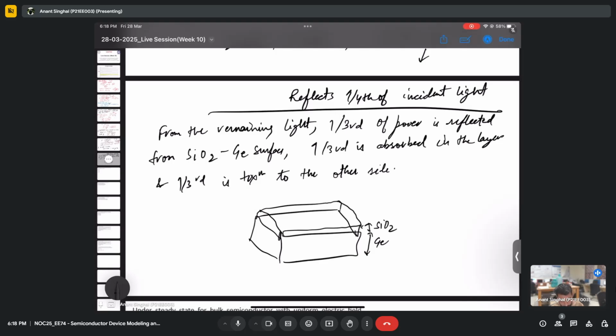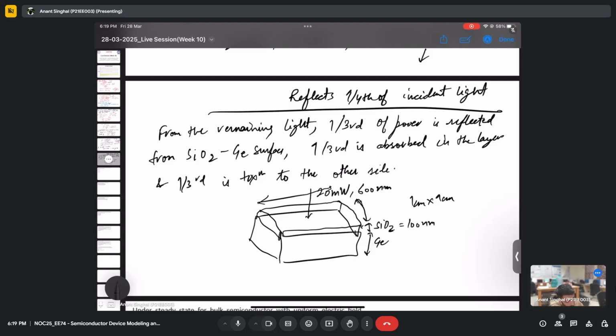The question says the total incident is 20 milliwatt, having a wavelength of 600 nanometer. The area of this cross section is 1 centimeter cross 1 centimeter, so this is 1 centimeter and this is 1 centimeter. This is 100 nanometer thick. That is what I have said.